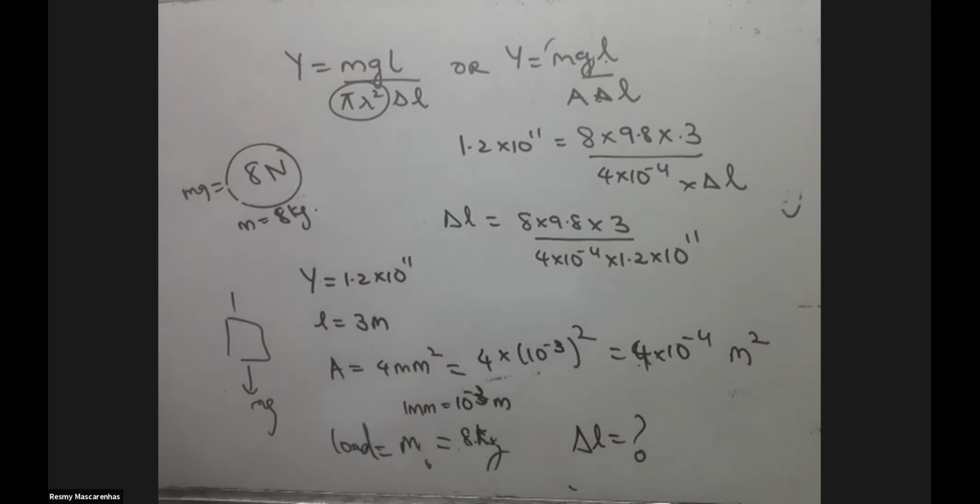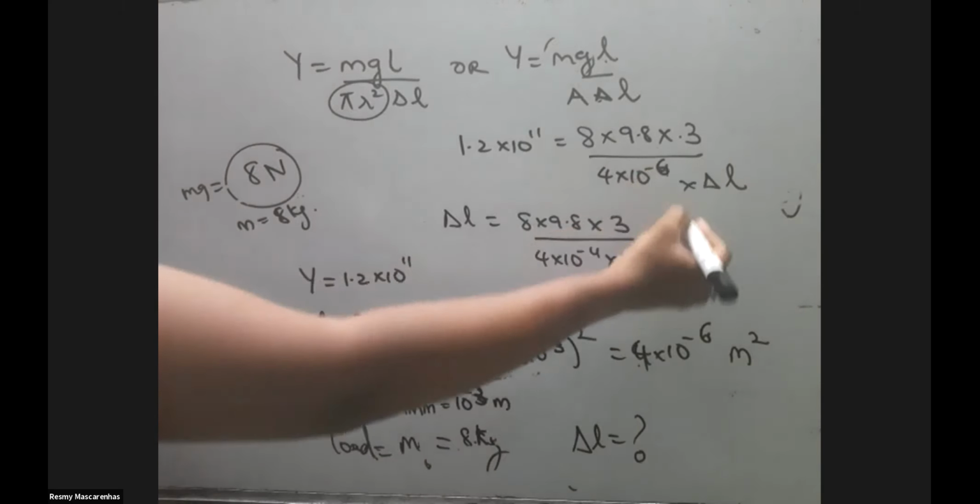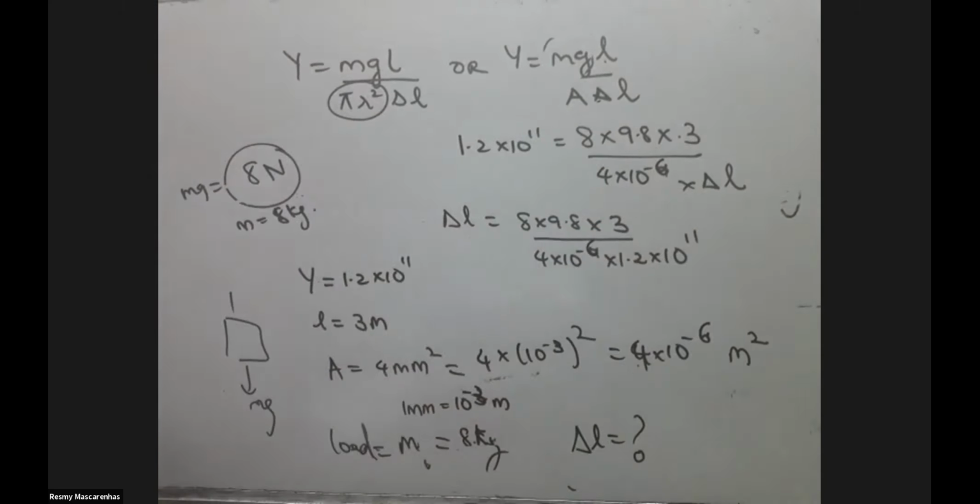Correct. So this will be minus 6 then. That will be 4 into 10 raised to minus 6. If it was centimeter, then it would be 10 raised to minus 2.